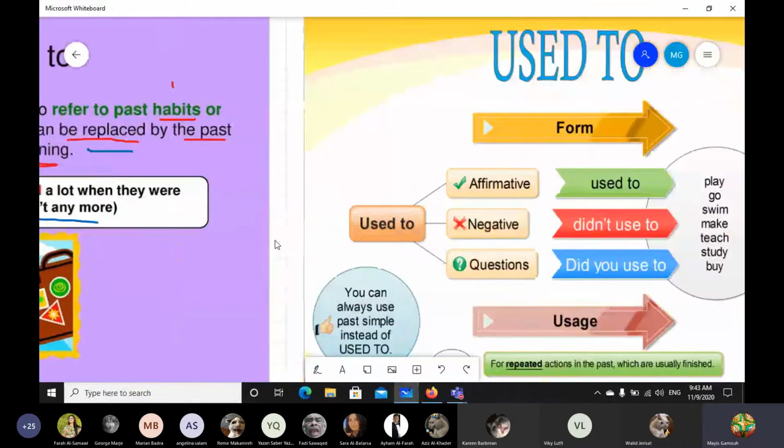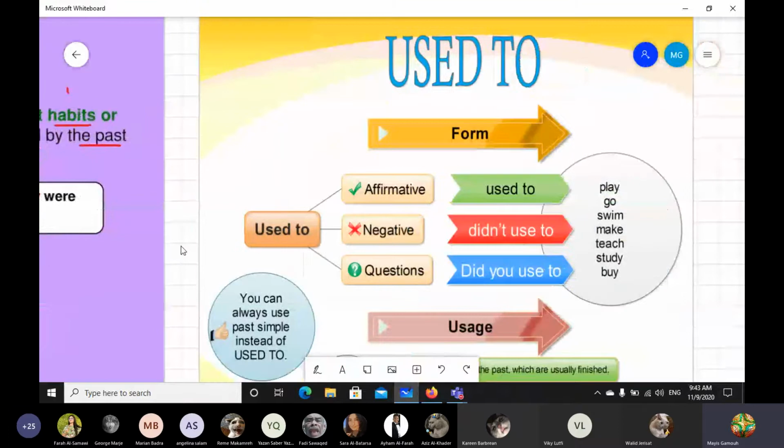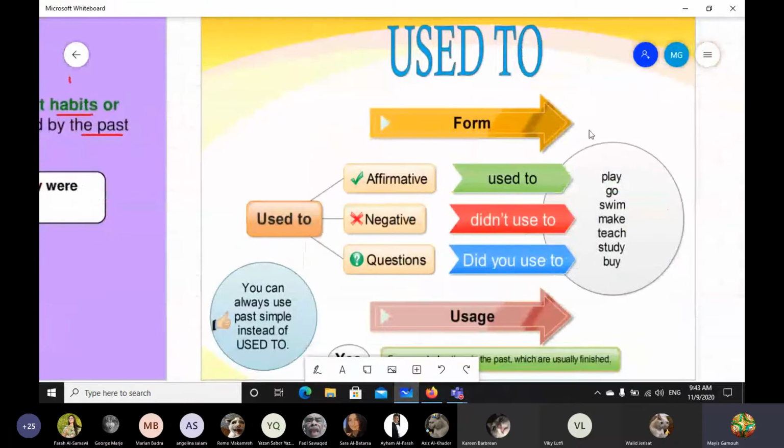Let's go to our next slide. Used to, let's take a look at the form in the three forms that we have. Here, our form will be: أول شيء حكينا الsubject نحطه بالبداية هون and then used to, and in the affirmative form في حالة الإثبات بتكون used to plus الverb.